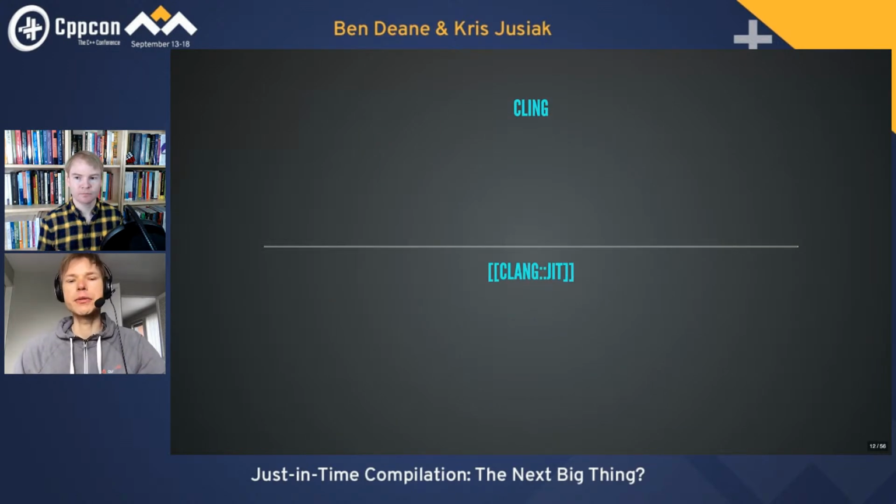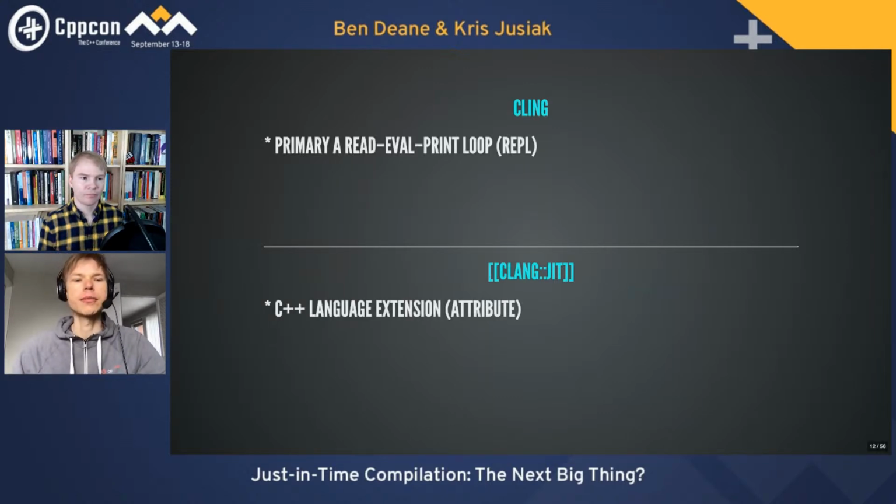So what's the difference between Cling and Clang JIT? That's something which is important to understand, because they are quite popular, Cling especially. Cling is used primarily as a read-eval-print loop, or REPL environment, which means that it's based on interaction with the user.